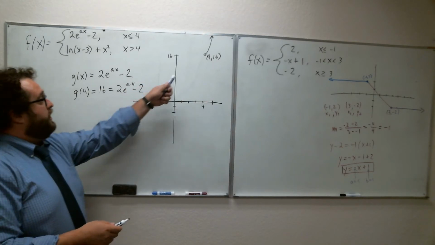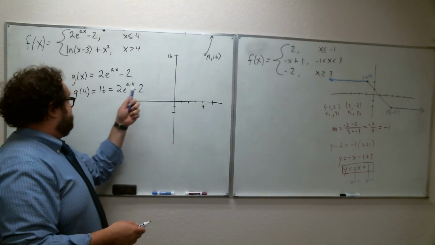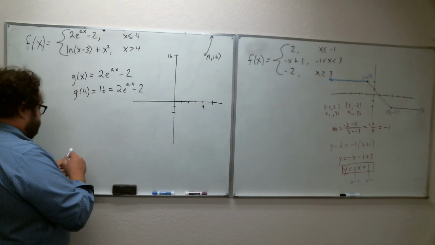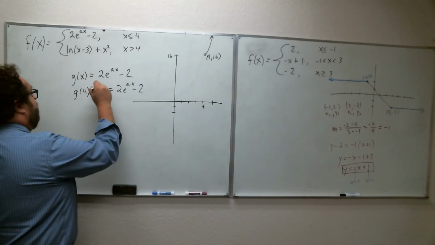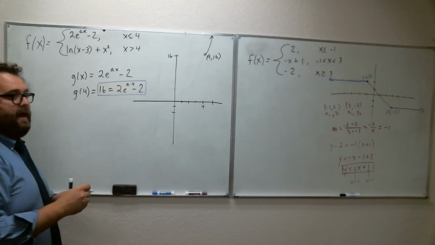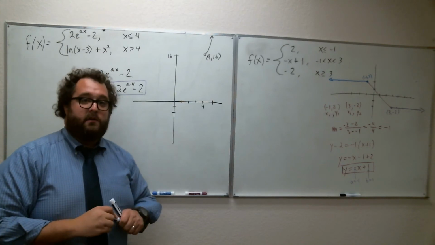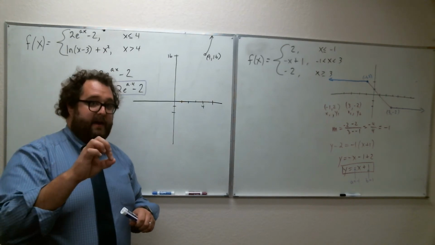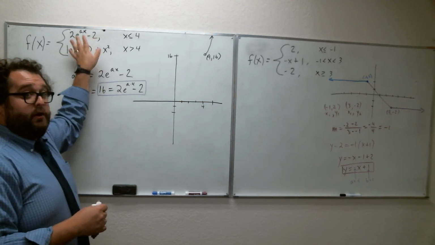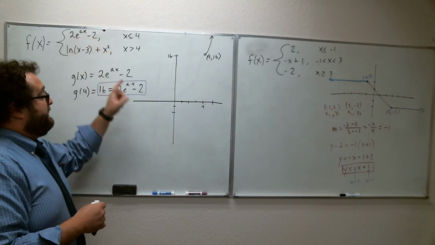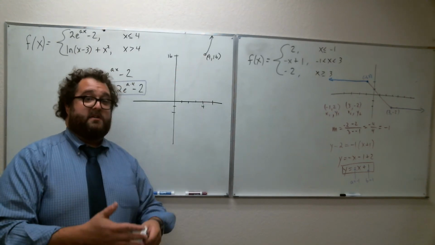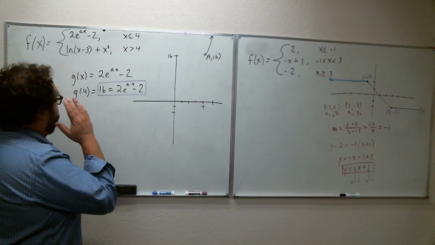This means when you plug in 4, the answer is 16. So all we have to do is solve this equation for a, and that will give us the value that gives us the exact exponential function with those parameters that connects to (4, 16), which makes this a smooth continuous curve. So let's see.